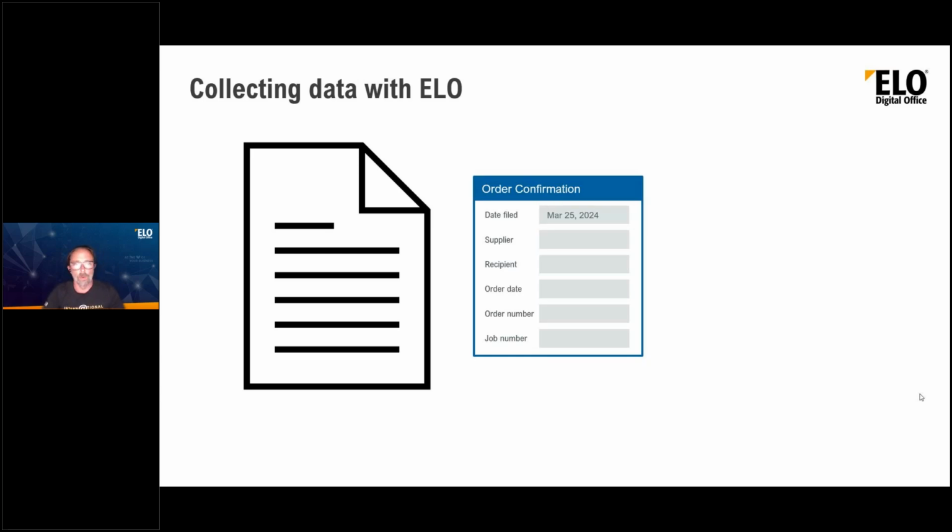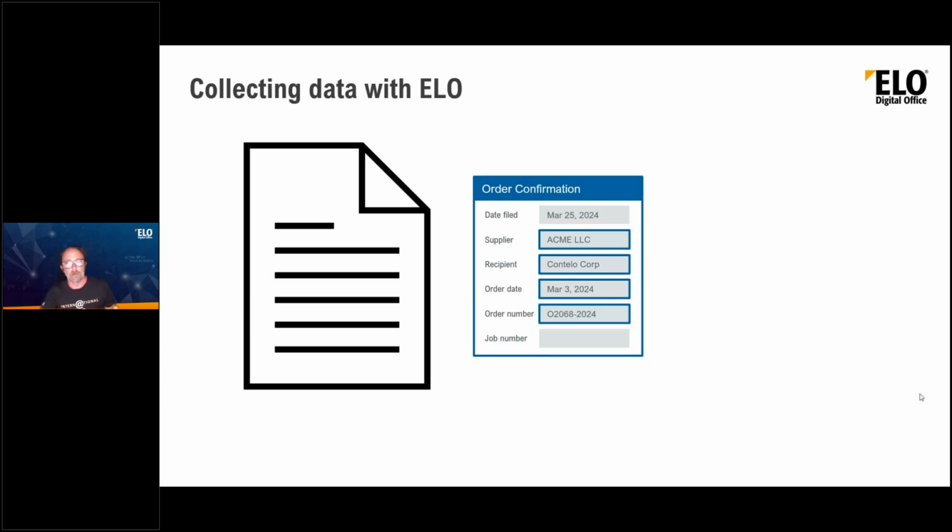So, for example, the supplier, the recipient, the order date, the order number, which can be typed in manually, or there are some ways to get this information automatically via OCR, and then we can fill in the metadata form automatically. And then there's a third information source which we can use.